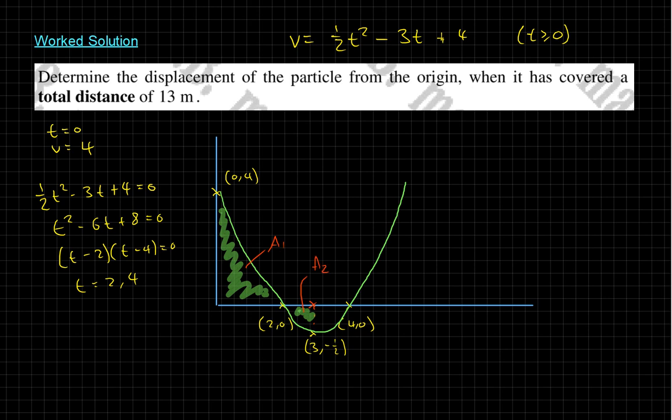In this case, the distance is going to be the sum of those areas, but the displacement is going to be taking that first area minus the second area, because displacement has direction, so we have to take into account whether the area is above or below the graph. So now at this time the displacement and distance will not be the same. They were up until here, they were the same.